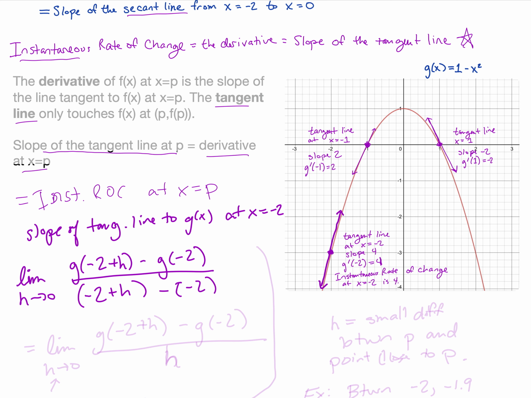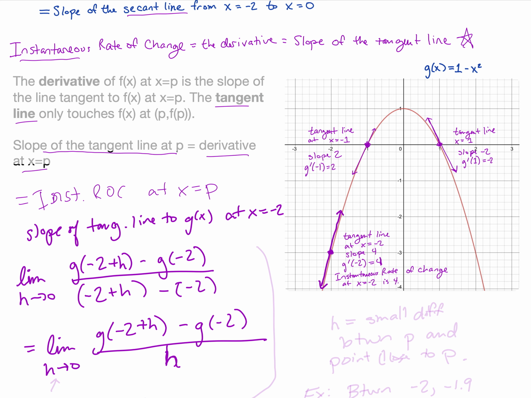Or in other words, the limit as h goes to 0 of g of negative 2 plus h minus g of negative 2 divided by negative 2 plus h plus 2. The 2 and negative 2 cancel out, and we just have h on the bottom.